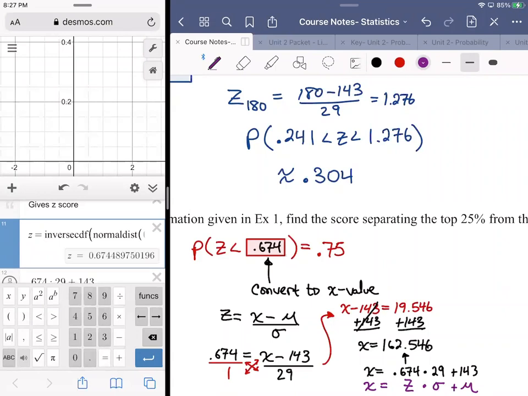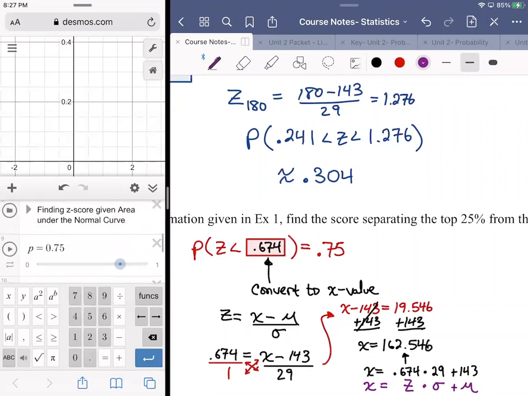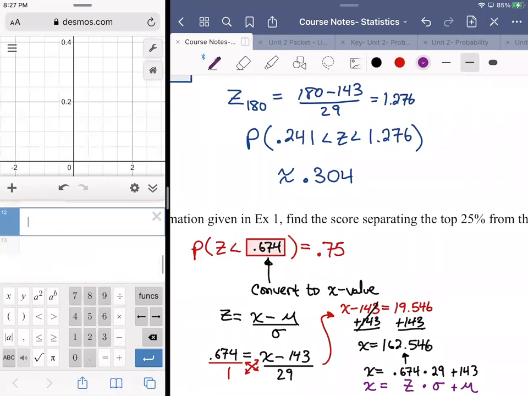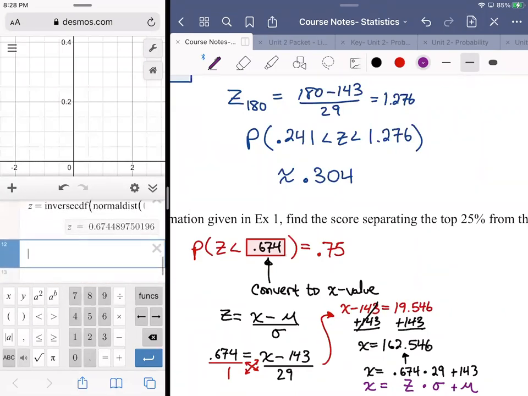So then maybe you don't even need to have that statement where it gives the z-score. But what this will do is save whatever number you come up with as z. All right. So if I need the mean and the standard deviation along with that z-score to give me an x value, I can ask the person who's using my Desmos to indicate the mean and the standard deviation.